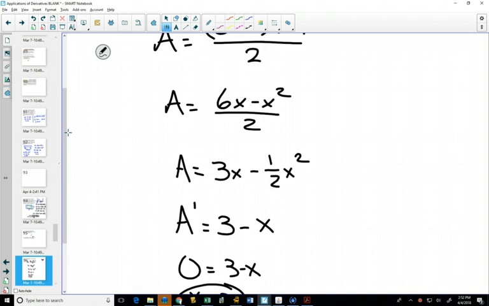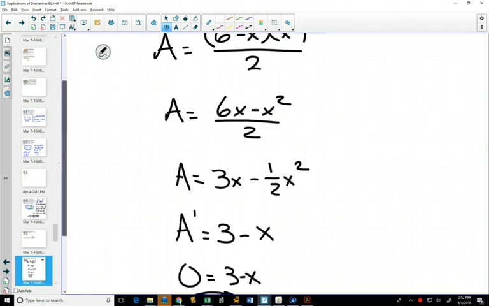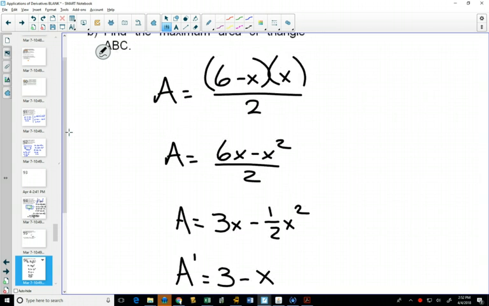Derivative of what, though? Derivative of the expression we created, which was the area expression. If you're wanting to find a maximum or minimum of area, you need to have an area equation for that.